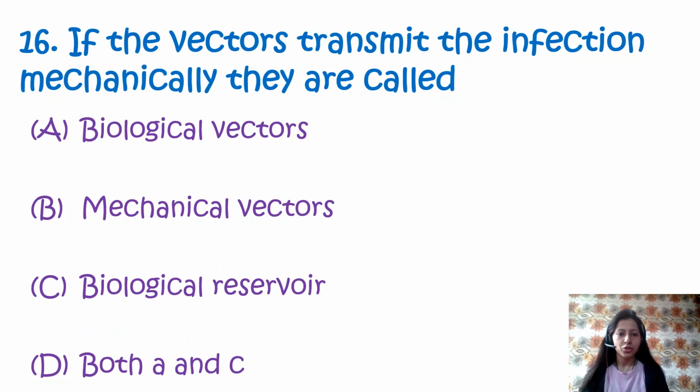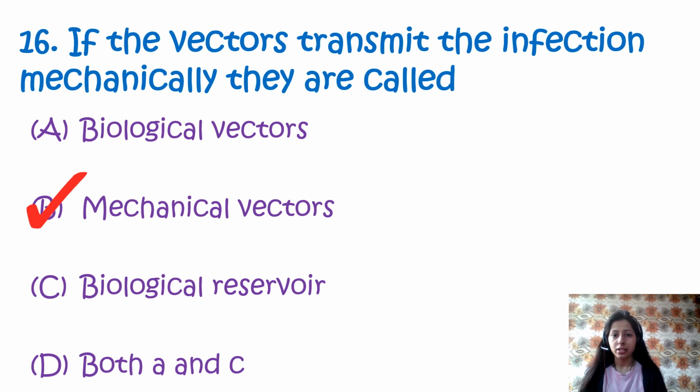Question number 16. If the vectors transmit the infection mechanically, they are called: option A biological vectors, option B mechanical vectors, option C biological reservoir, option D both A and C. So if the vectors transmit the infections mechanically, they are known as mechanical vectors. So mechanical vectors क्या होते हैं?